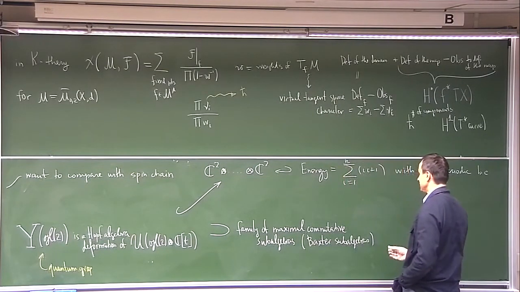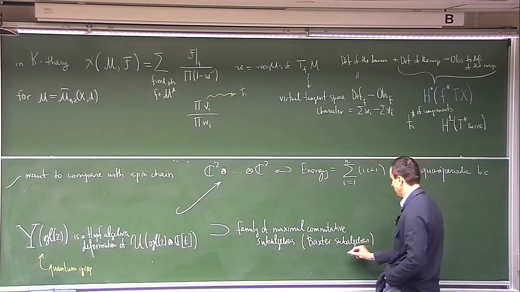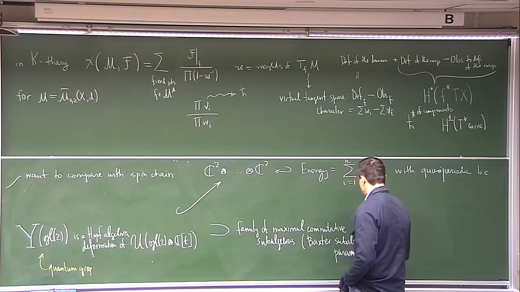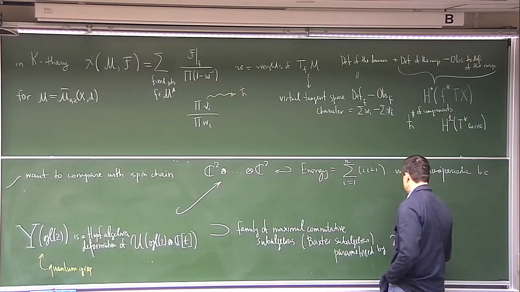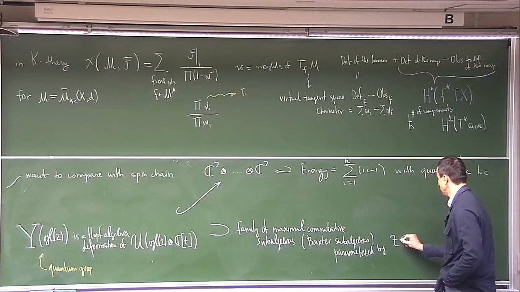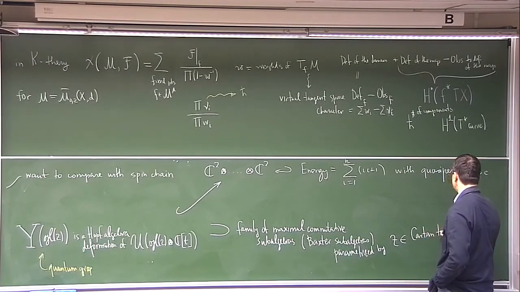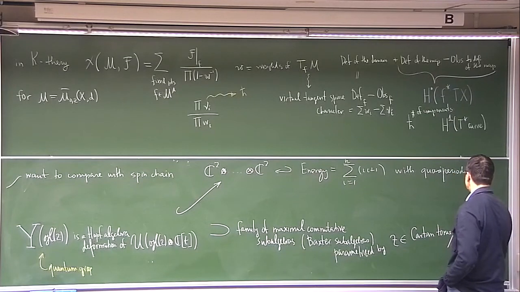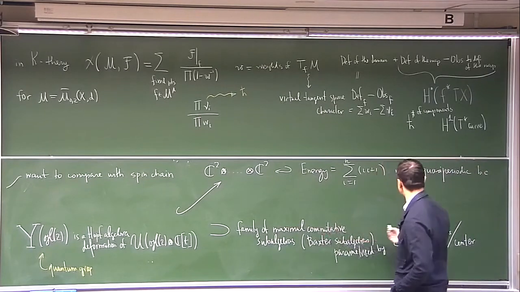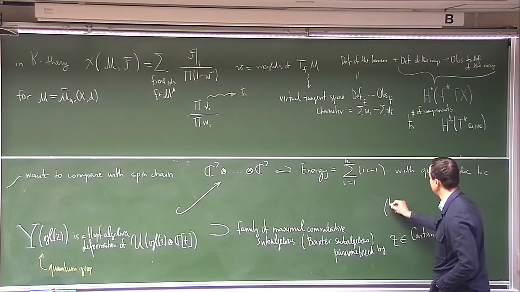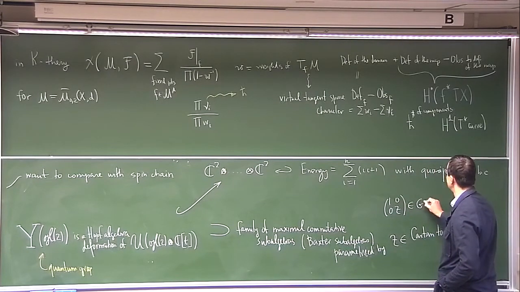They depend on Z, parameterized by Z, where Z is, generally speaking, an element in the Cartan torus modulo center, which for GL2 will be precisely a matrix like this in GL2.